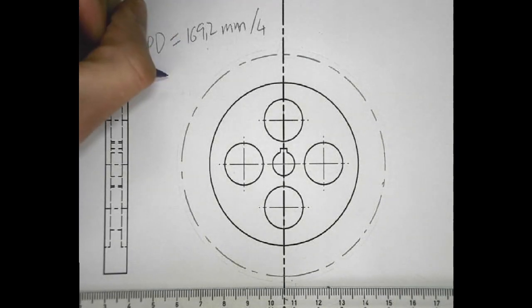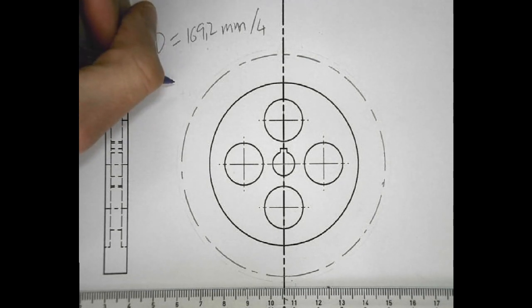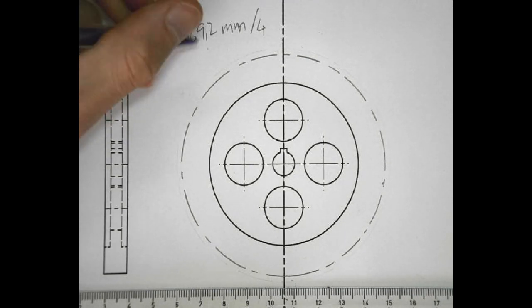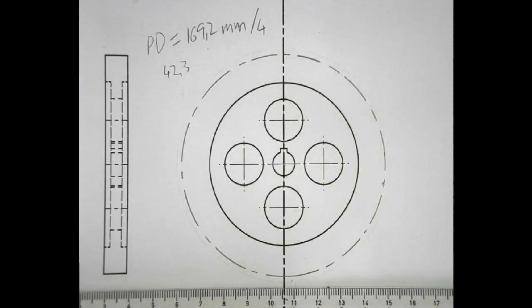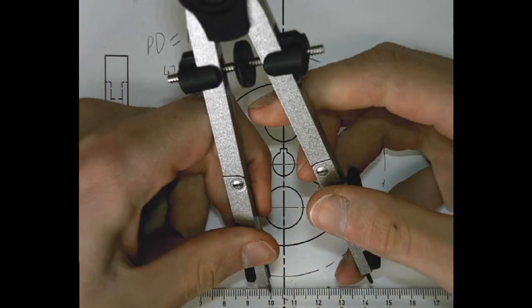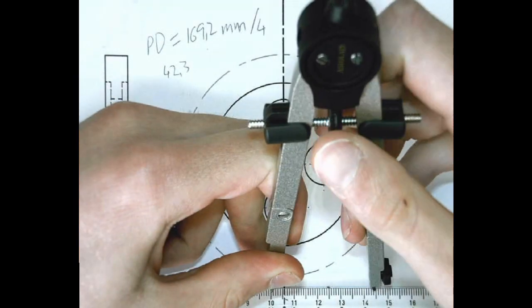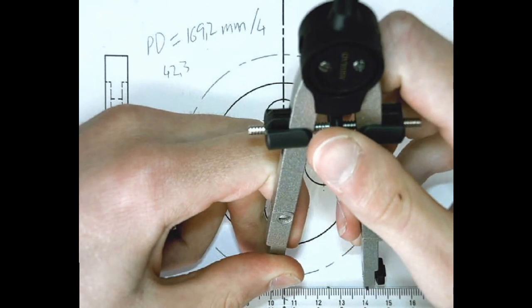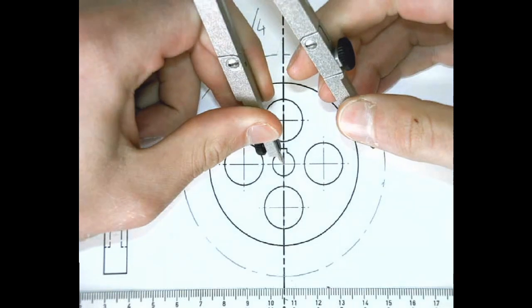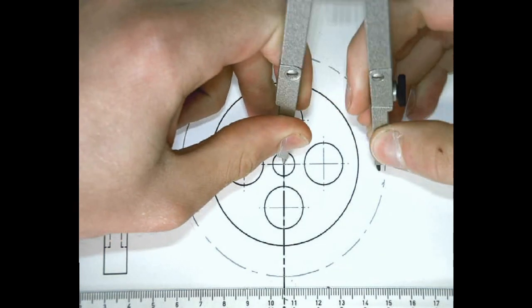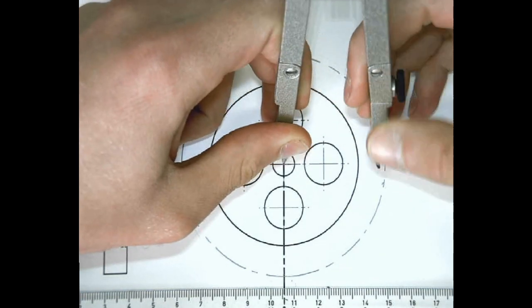And then we get the radius that we need to set the distance of our compass points at to be 42.3 millimeters. We then do the same thing where we need to measure out that 42.3, and we then begin to draw in the lines for our pitch circle diameter.